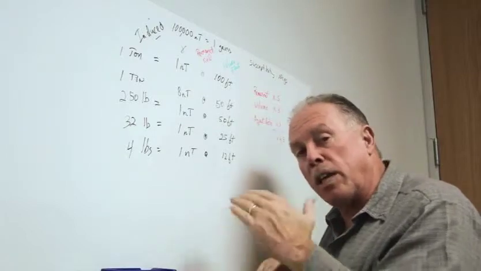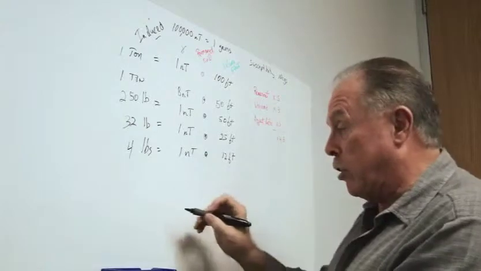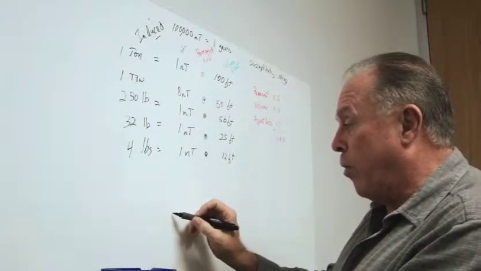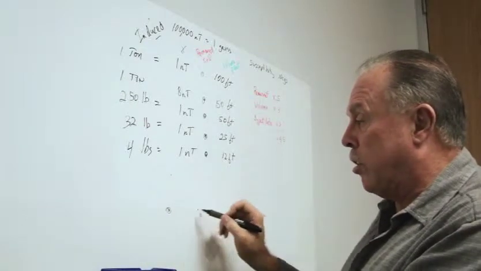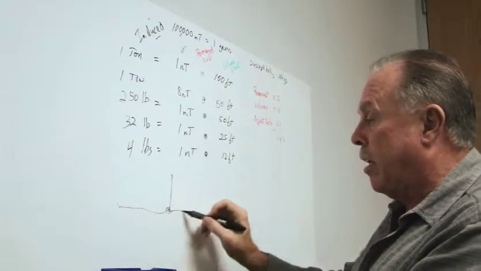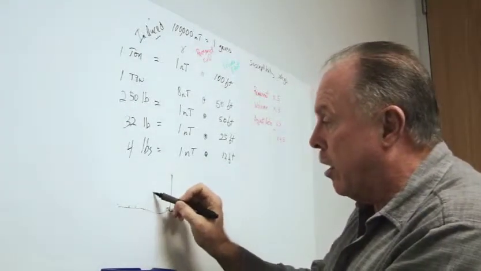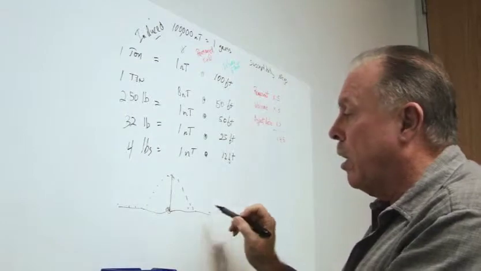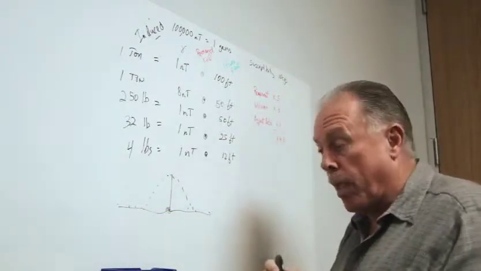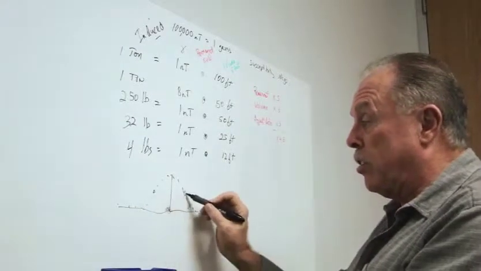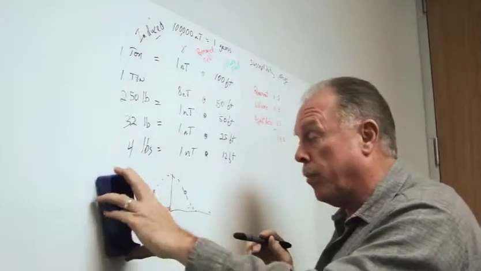But remember, we need to get enough samples over them so that they don't look like just a spike. So if we have an object, we need to get enough readings that they don't just look like a spike, or when we plot the data, it just looks like some sort of noise. So we need to get enough readings to be able to determine that in fact this is a real anomaly, and we know something about its position and its depth from the profile that we have plotted.